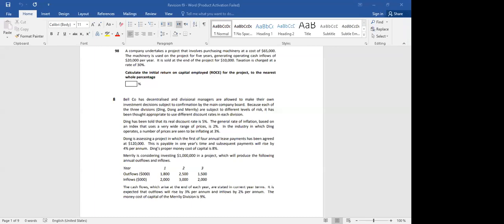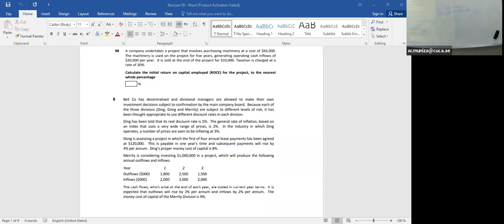After inflating it, how much have you used, 2%? No, it's not 2%, Angelica, it's 3%. It is expected that the outflows will rise by 3% per annum. So on outflows, it's 3%, 1800 into 1.03 you are going to take. It will become 1854, Angelica.